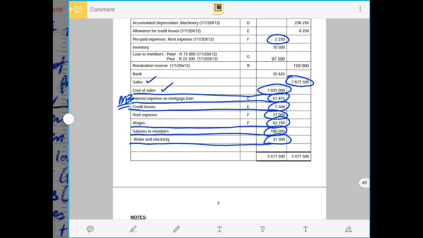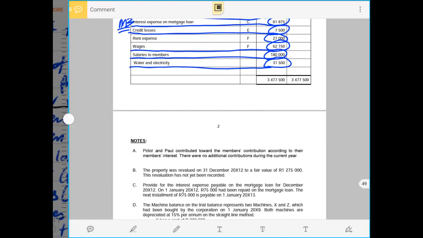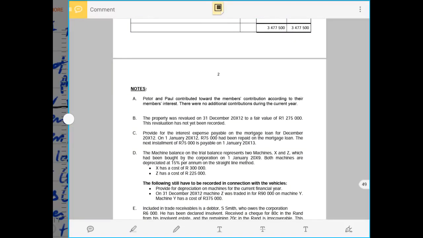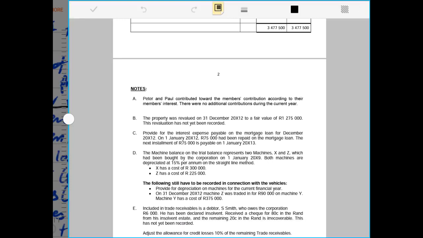The first adjustment in this exercise says that Peter and Paul contributed towards members' contribution according to their members' interest. There were no additional contributions during the current year.